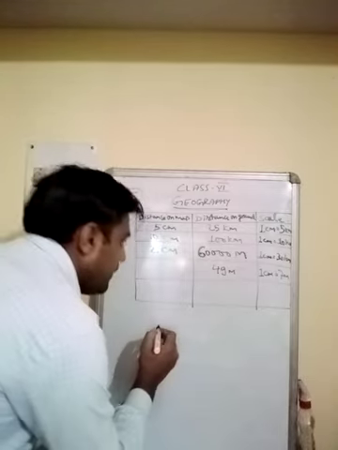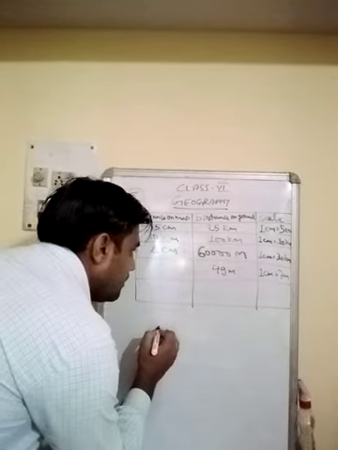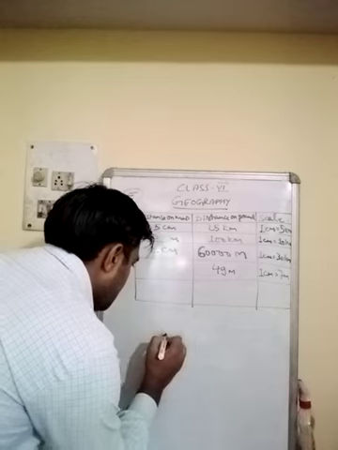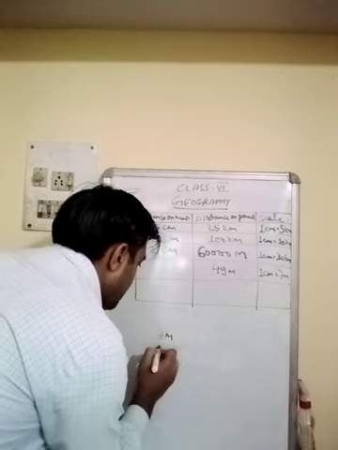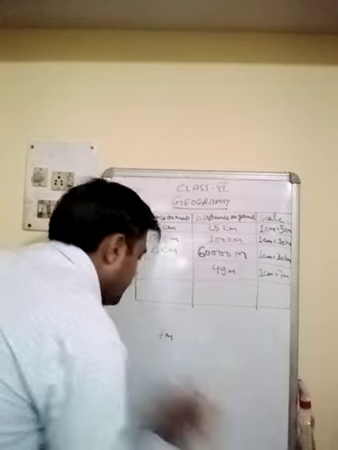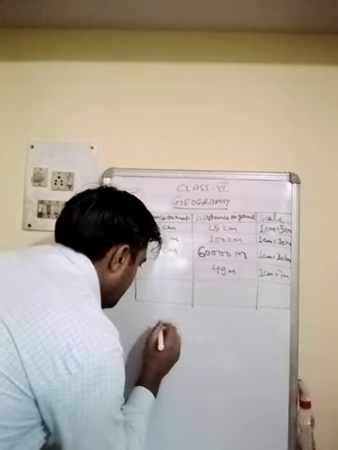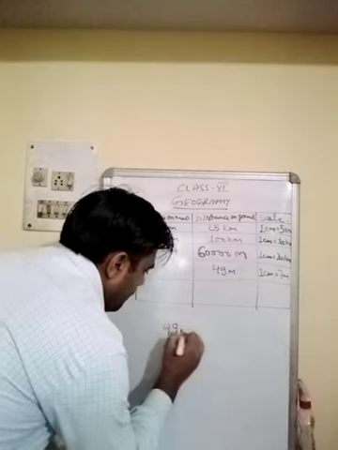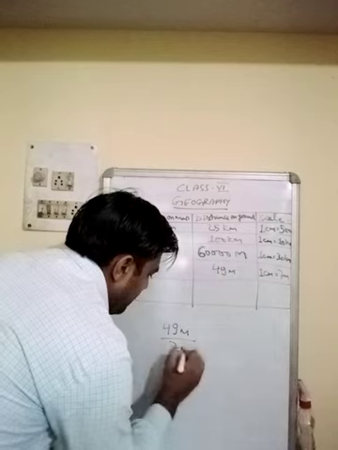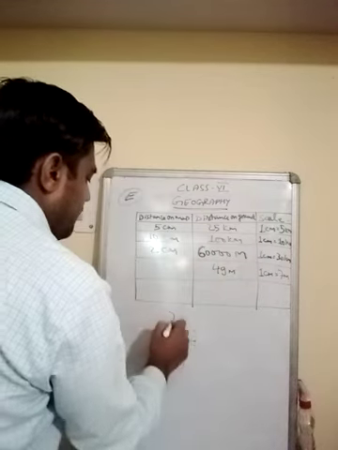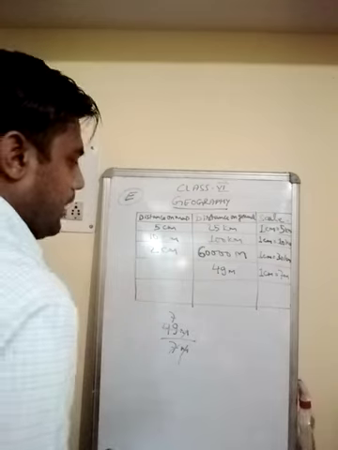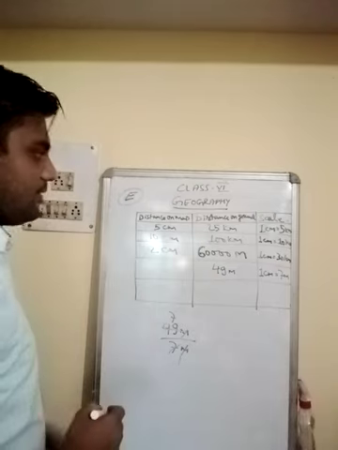So all we have to do is 49 meter divided by 7 meter. Meter and meter cancels. 7 1s are 7, 7 7s are 49. So this comes in centimeter.